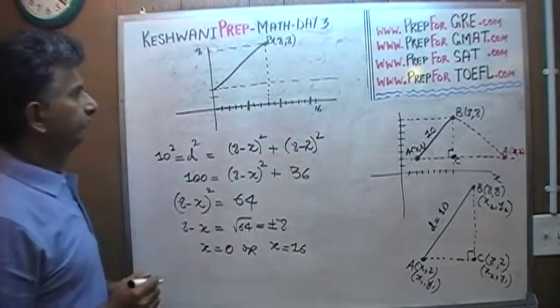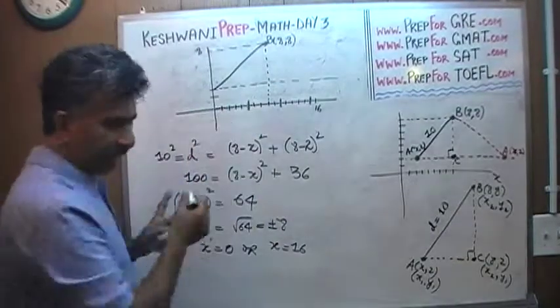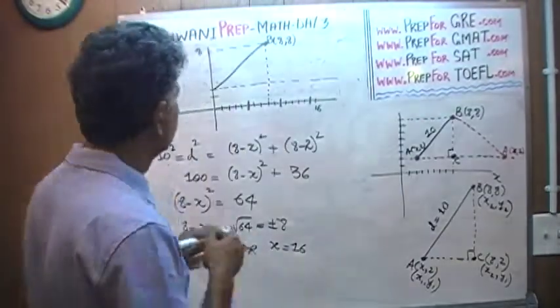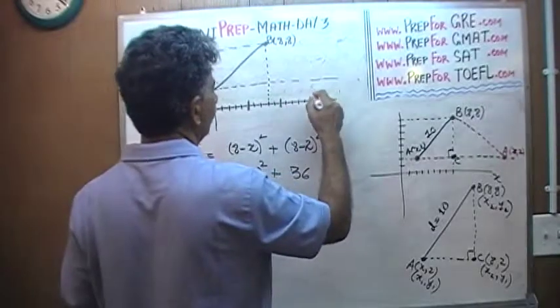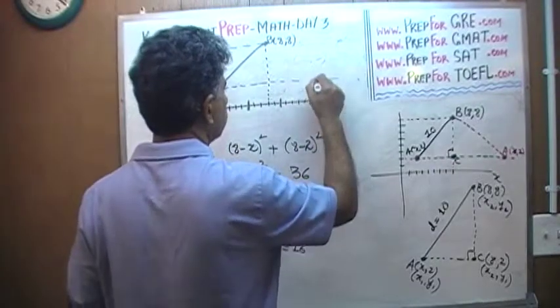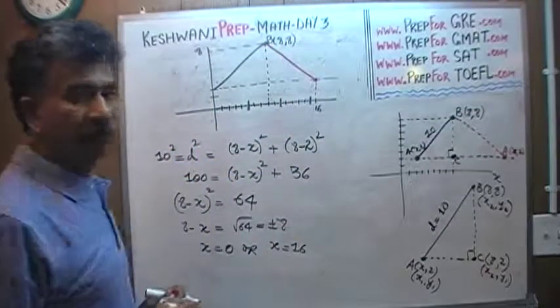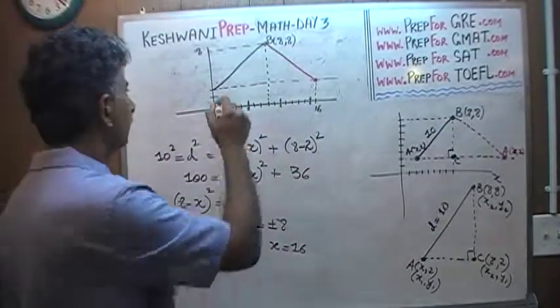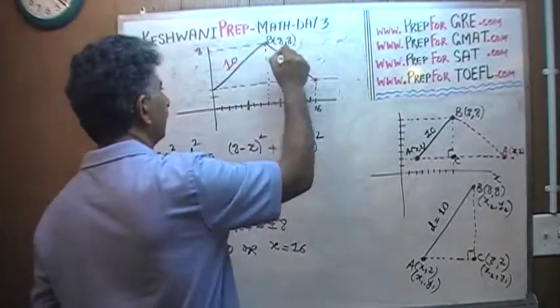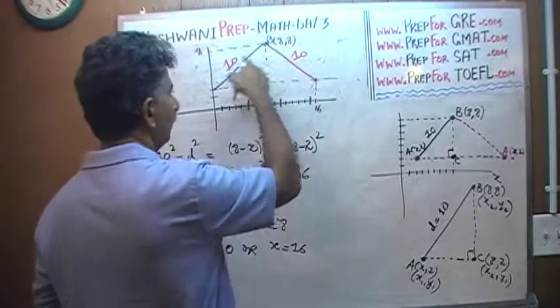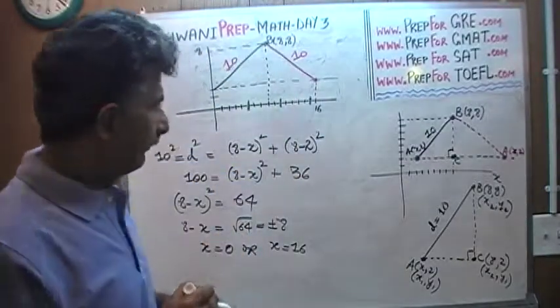There you go. That's the triangle that we're talking about, either that or this, 16. Both of these distances will be a distance of 10 because it's an isosceles triangle. This whole big triangle that is.